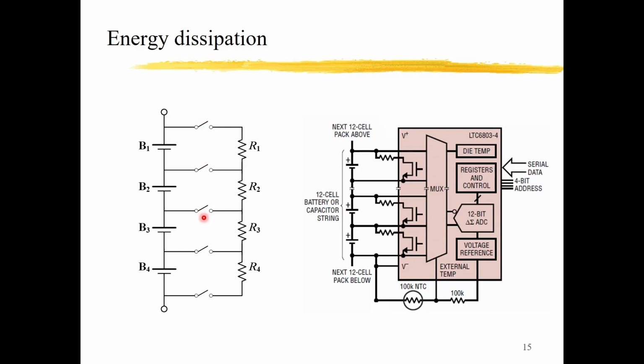You know, basically, if we just ignore the switches here, we just put a resistor in parallel with every battery cell. And of course, the resistance of the resistors should be the same. Okay, the resistance should be the same.